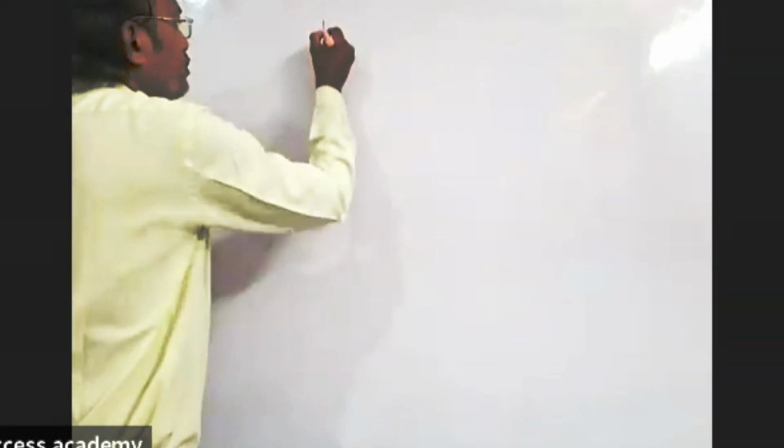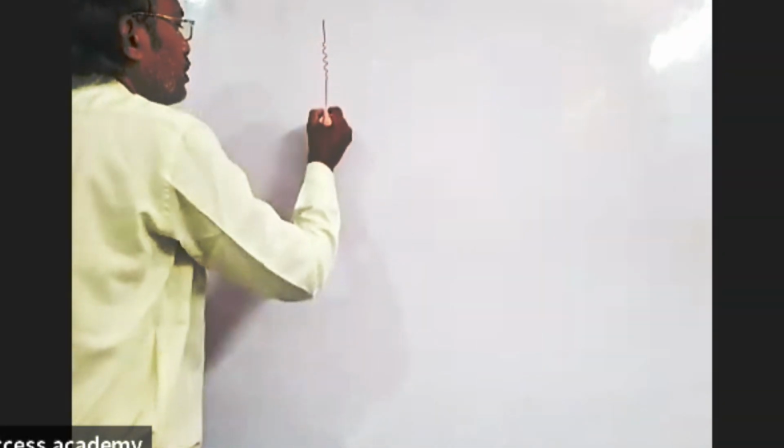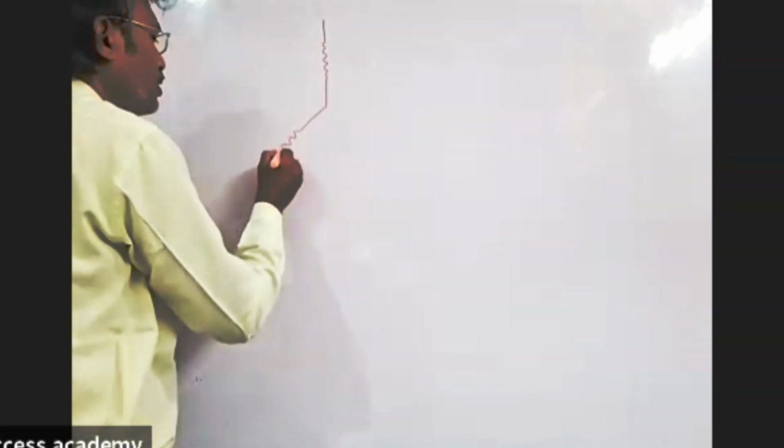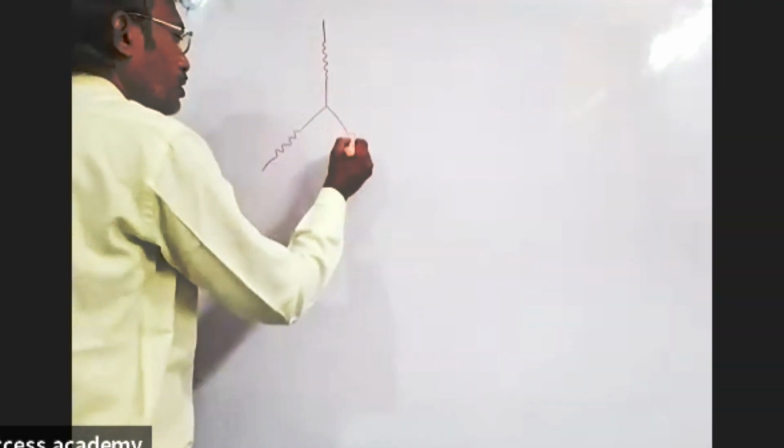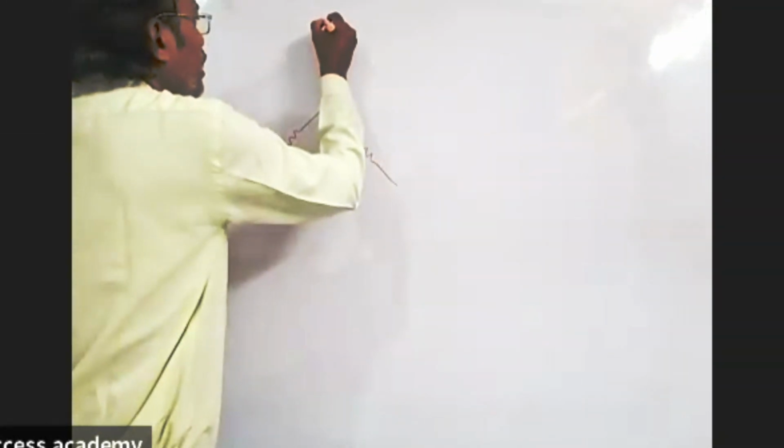One circuit I am taking here. Just observe. Like this, one circuit is present, and this is A. Draw this diagram.